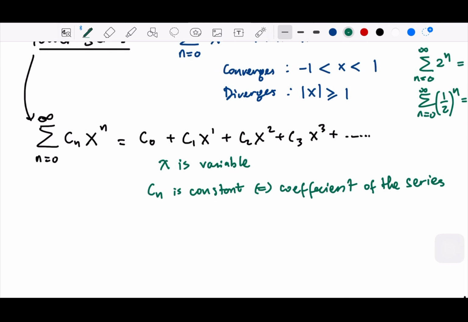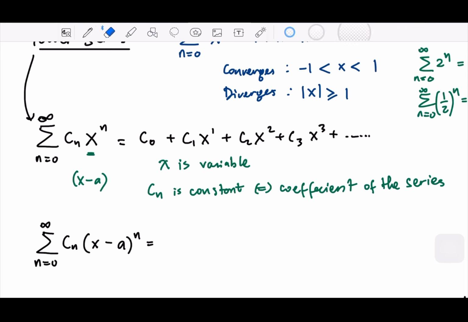So now let's imagine this x is written within x minus a. So let me write here cn and x minus a with power of n. This is the more general form for the series.